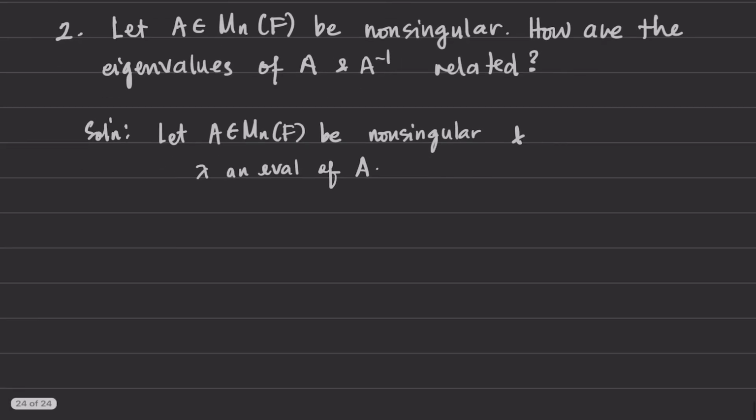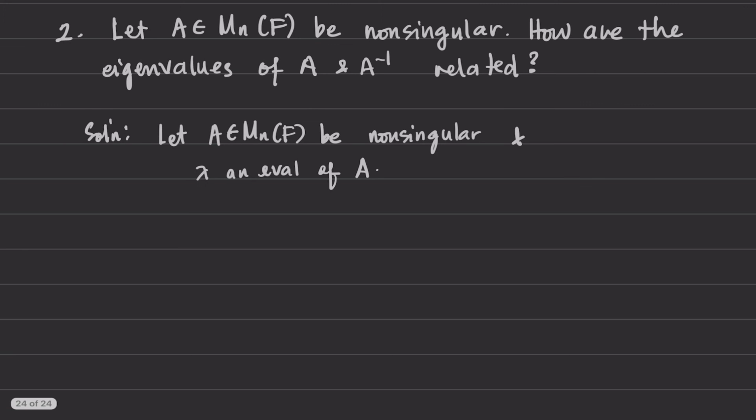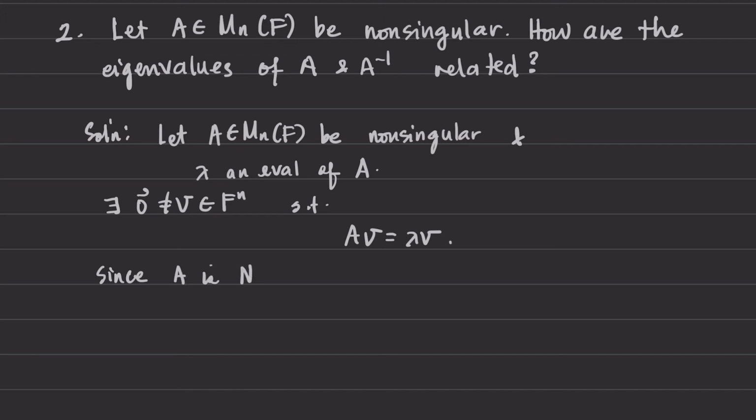So, anong ibig sabihin na eigenvalue ni A? By definition, may makukuha kang non-zero vector V such that AV is lambda V. Okay? So, paano natin magagamit yung non-singular si A? Since A is non-singular, then A inverse exists.